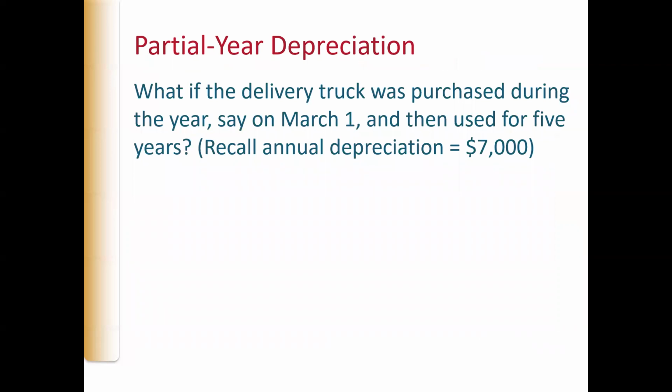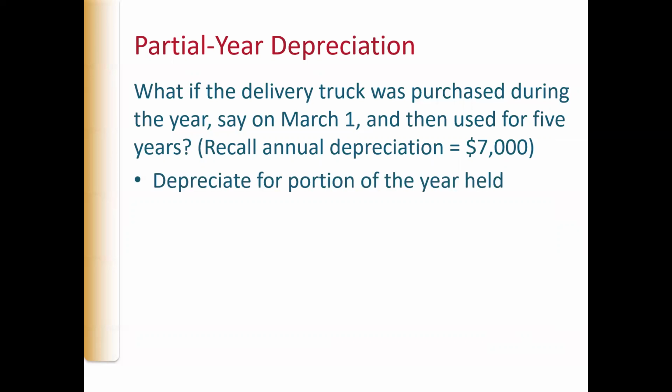But there are times we don't always purchase assets at the beginning of the year. In this case, if we purchase an asset on March 1st and we use it for 5 years, you need to be careful to prorate this asset during the first year and the last year. So in year one, if we bought it on January 1st, the depreciation would be 7,000.